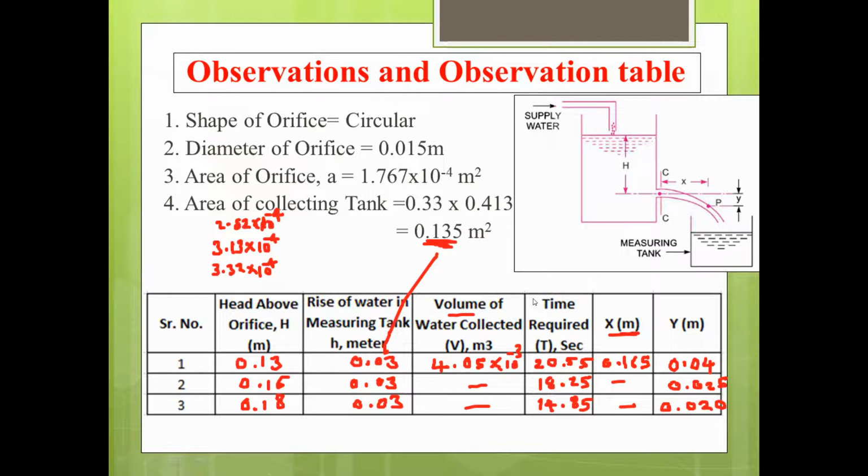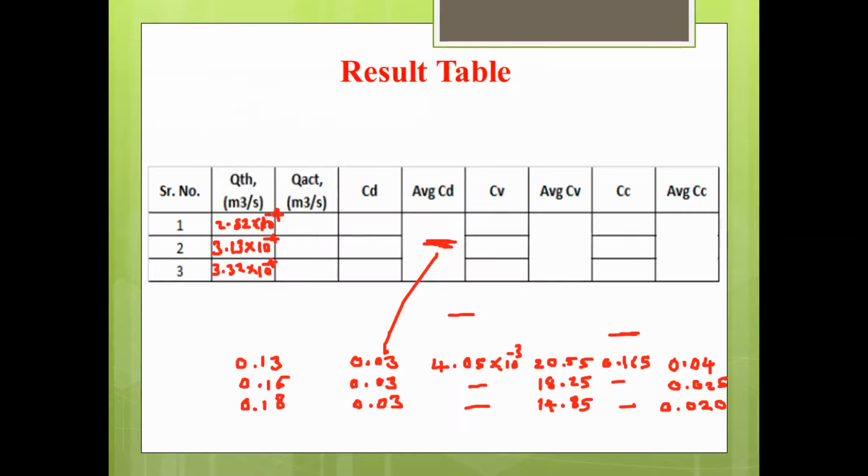Now time is changing, 20, 18 and 14 like that, right? So divide that value by time. First, 20.55 seconds, and here I got the Q actual as 1.97 into 10 to the power minus 4.